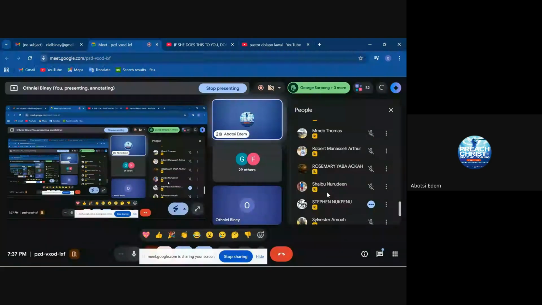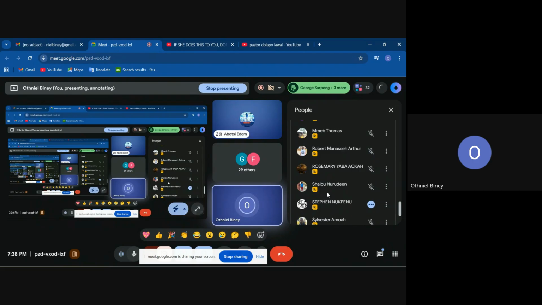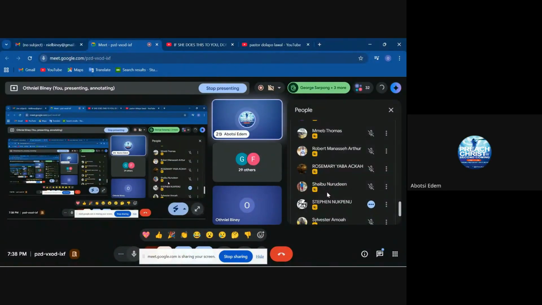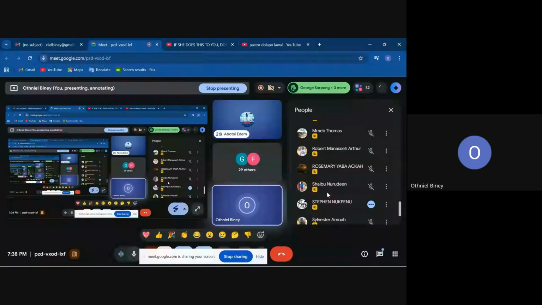Exactly. So I was looking at the range. I decided to arrange it from the smallest to the biggest, that's in ascending order. The first value I quoted was 132.